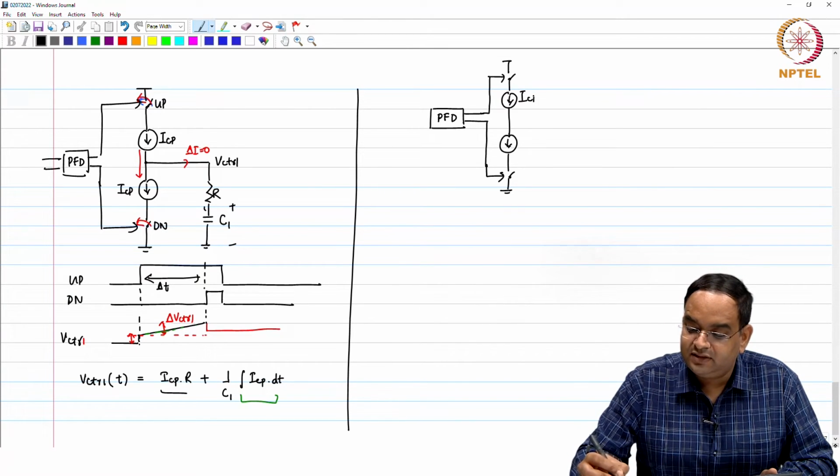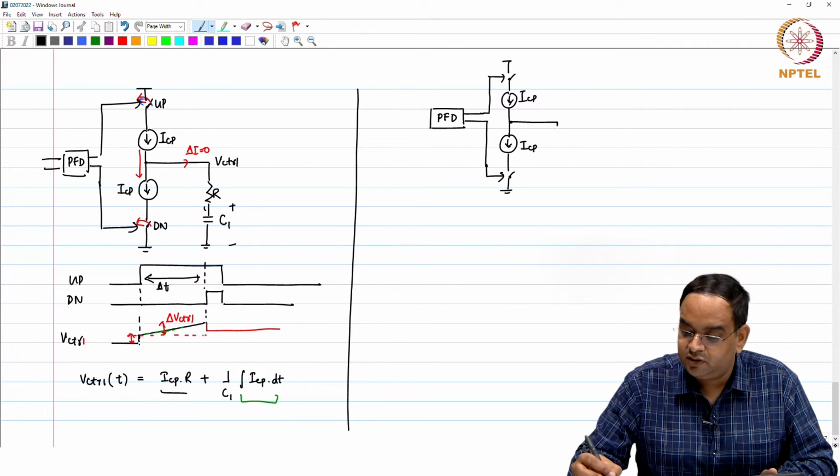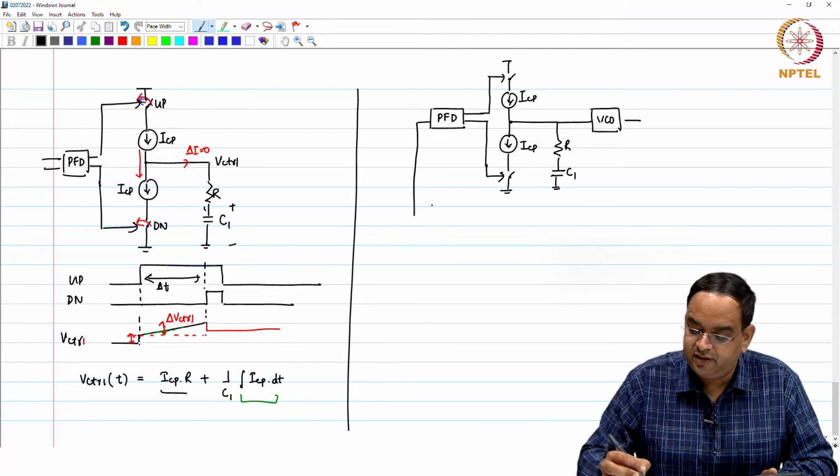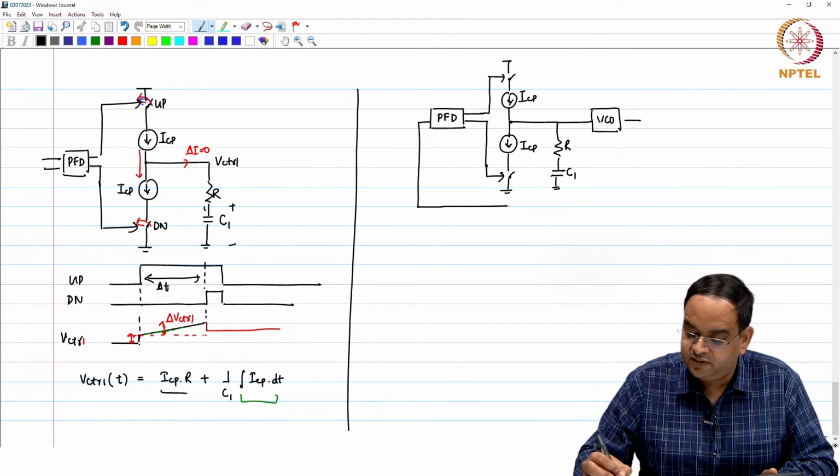Okay, this is ICP and this goes to a loop filter which is R and C1, which is controlling our VCO, and this is fed back.